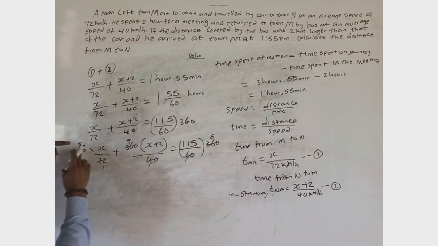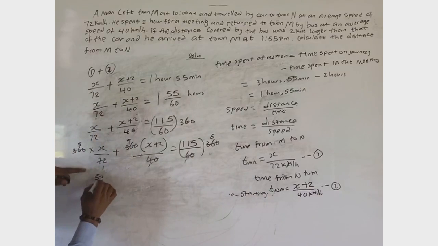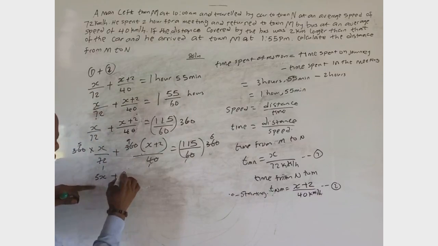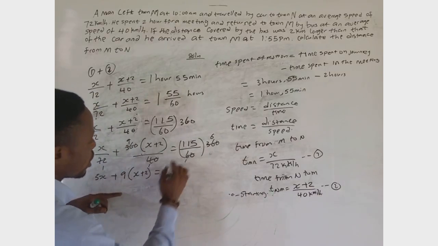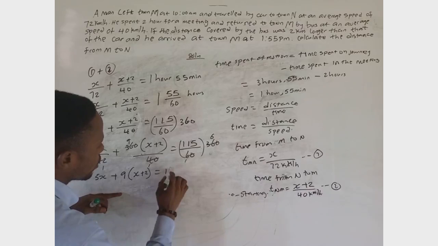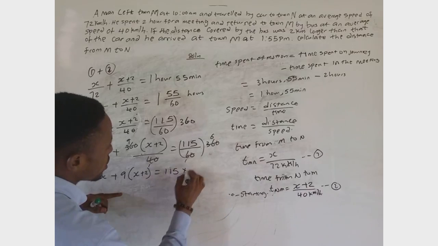So we have 5 times S, that is 5S, plus 9 into brackets S plus 2, equal to 115 times 6.